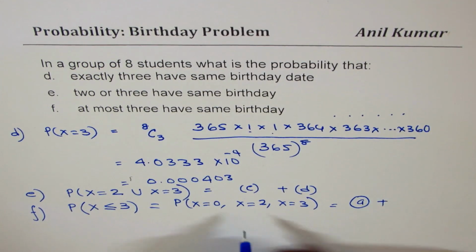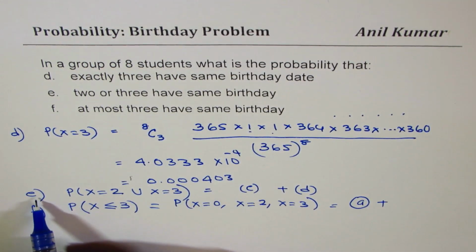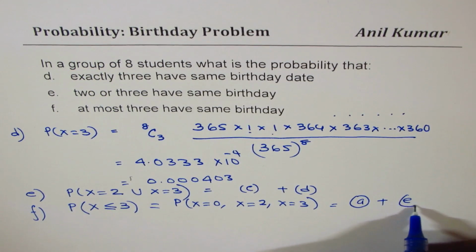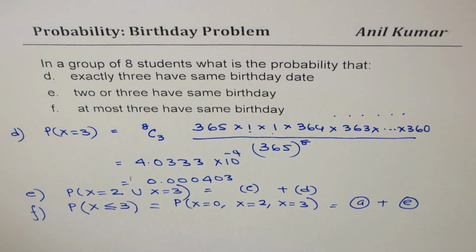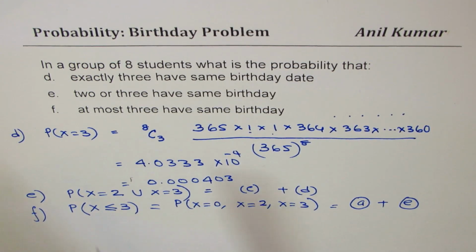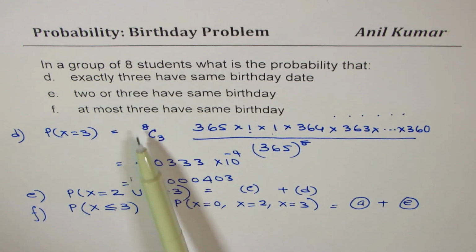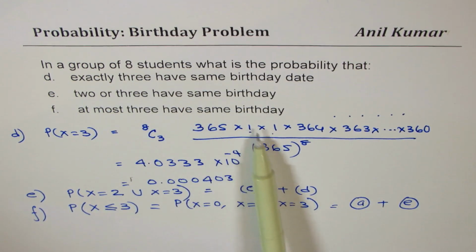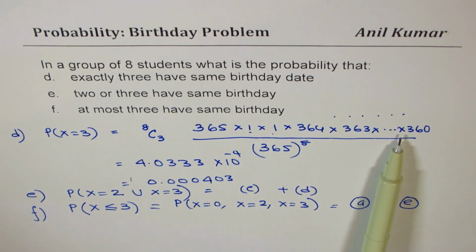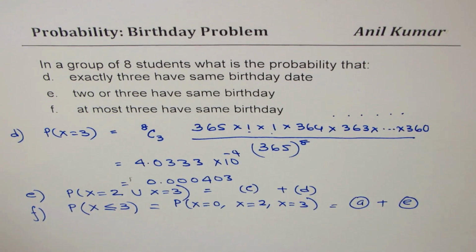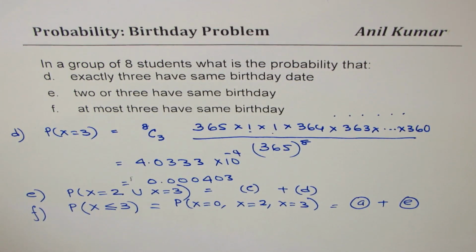And then 2 and 3, we can say combine E. So that is how you can actually get the solution of this kind of a problem. But I hope you understand the concept. It's very important to see that when you're talking about 2 or 3 people, we could select them from 8, and that's how we get the first part, the combination. And then these are the dates when they could have birthdays. So I hope that becomes flexible enough to solve any birthday related question.